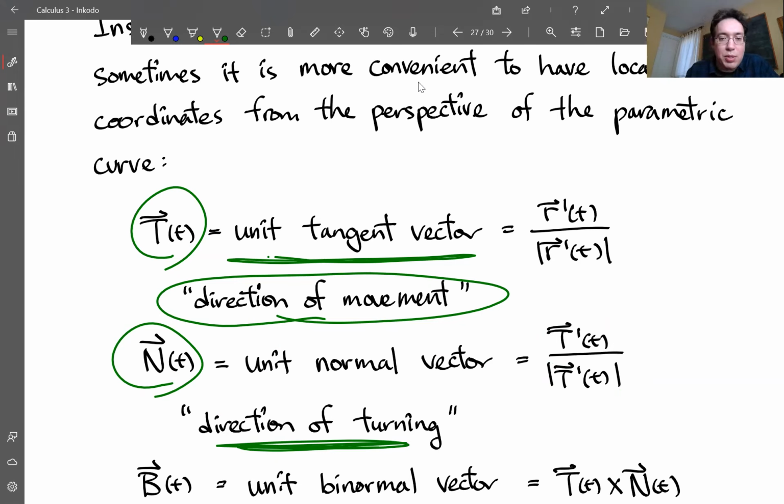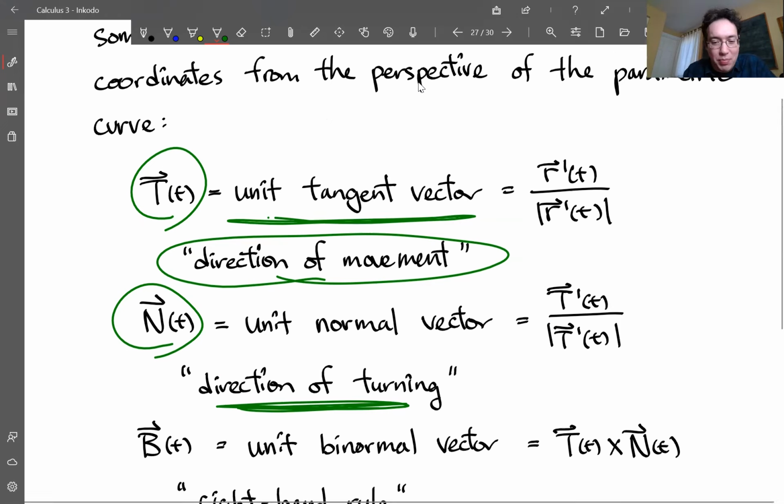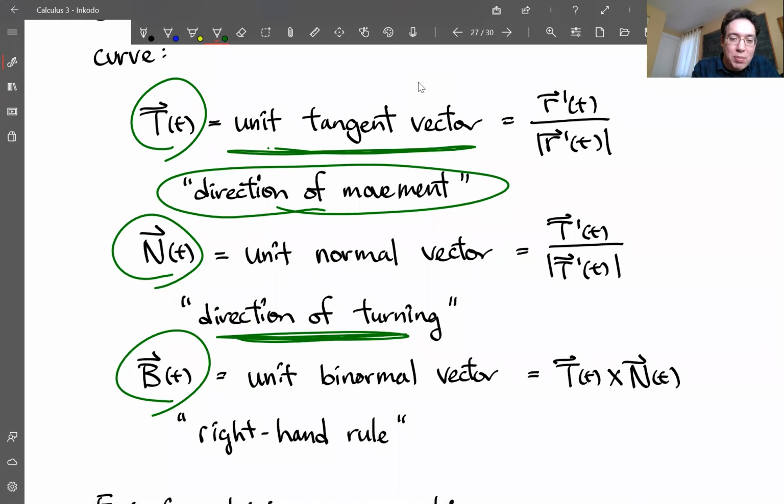Okay. So you have the direction of travel, you have the direction that's turning. What is the third direction? Well, once the first two directions are determined, the third direction is determined by the right hand rule. That's what's called the unit binormal vector. So you take the cross product of the unit tangent with the unit normal vector, and that points in the third direction that's left in the 3D world that we live in.